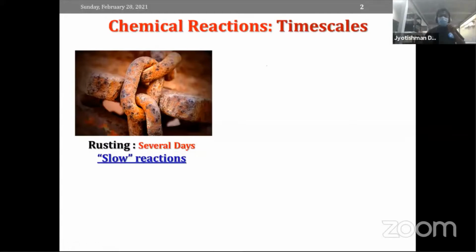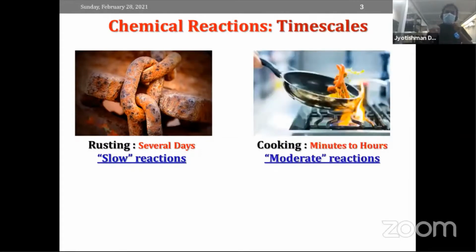This kind of chemical reaction you can see with your naked eye, and using a stopwatch or a wristwatch, you can record the time the reaction takes to take place. Another example, if I think about a moderate timescale, is cooking. We are all habituated with this, and we do it every day in our household life.